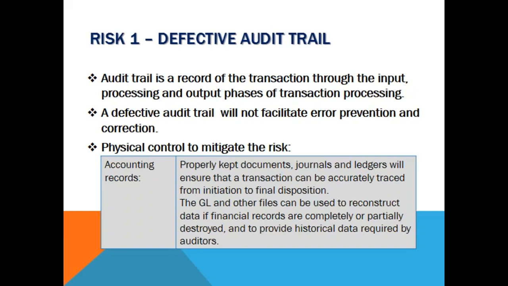Properly kept documents, journals, and ledgers will ensure that a transaction can be accurately traced from initiation to final disposition. The GL and other files can be used to reconstruct data if financial records are completely or partially destroyed, and to provide historical data required by auditors.